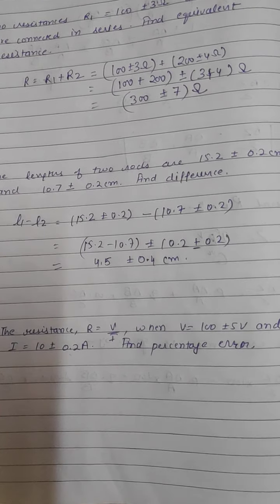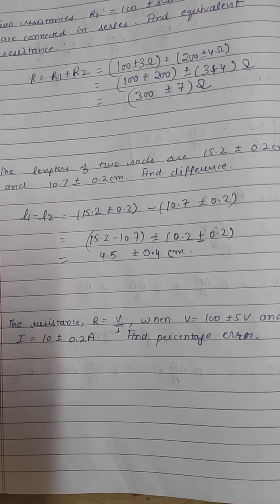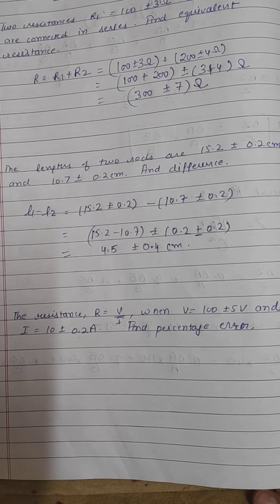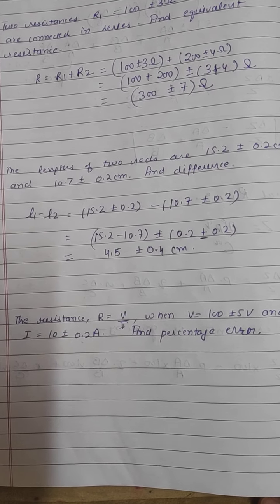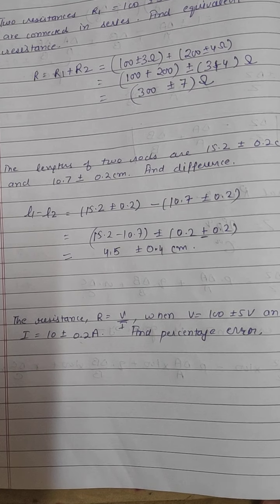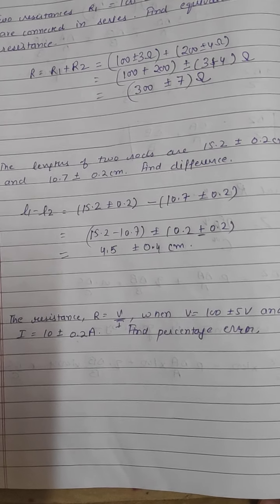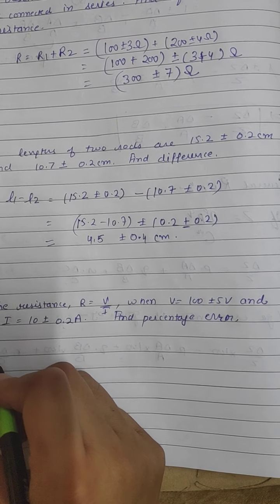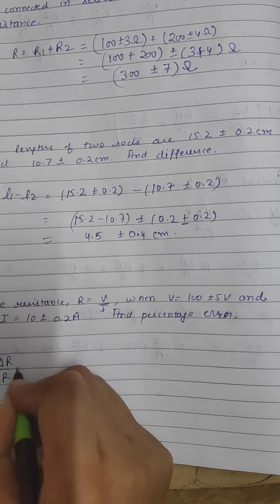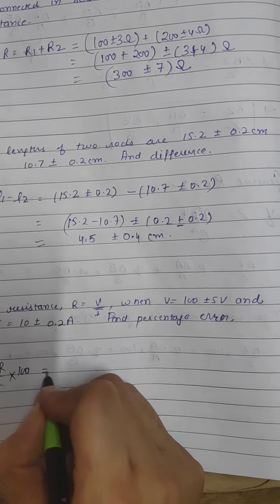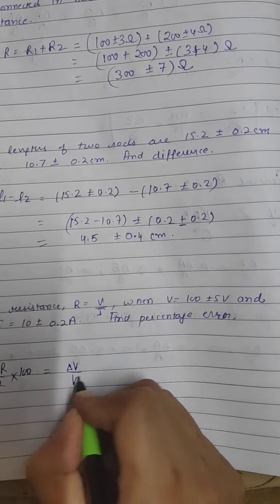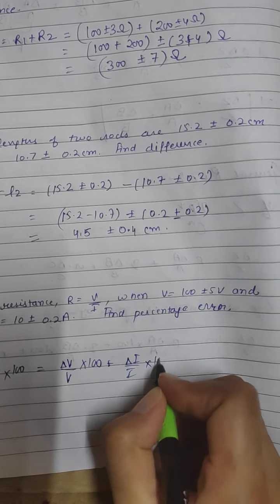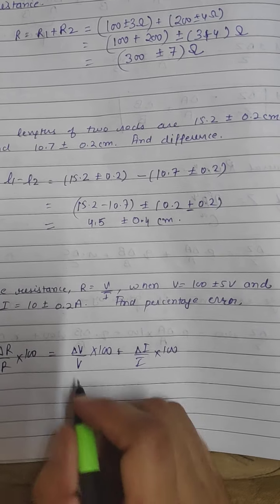Our next numerical: R is given as V by I, and V is 100 plus minus 5 volt and I is 10 plus minus 0.2 amperes. So we have to find the percentage error. You all know the formula R is equal to V by I, and for percentage error we will write delta R by R into 100 is equal to delta V by V into 100 plus delta I by I into 100. This was the formula for percentage error.